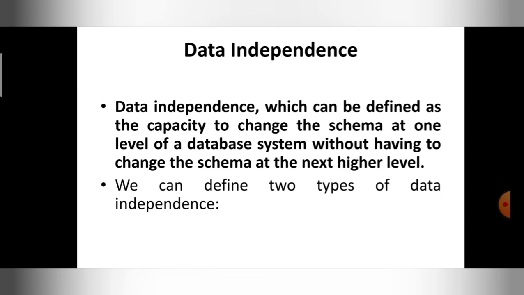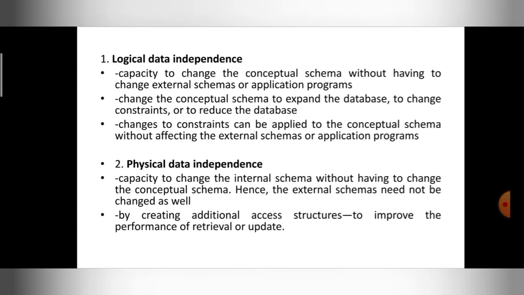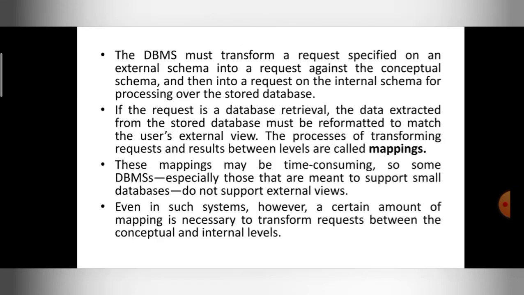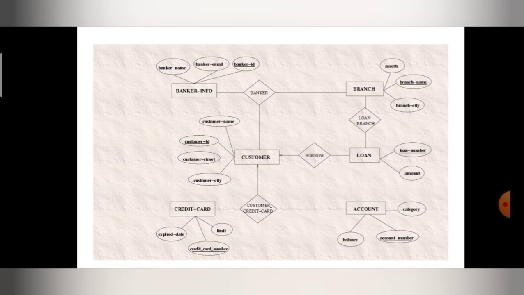In data independence there are two types. The first one is logical data independence and the second one is physical data independence. Logical data independence means the capacity to change the conceptual schema without having to change the external schema. See here, if you want to change the conceptual schema, the overall architecture, you can change it without having to change the program.